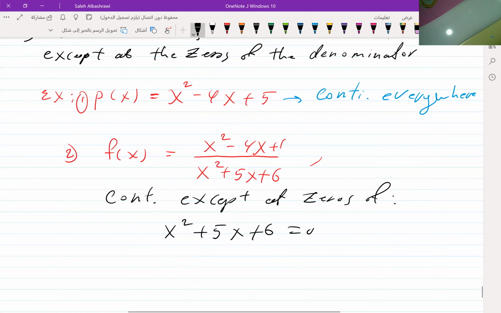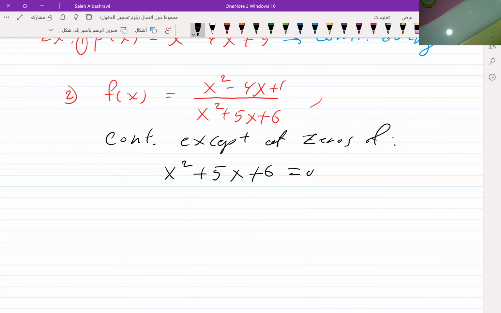Now the zeros of the denominator, which can be found by factoring, it is x plus 2 multiplied by x plus 3 equal to 0. This means x is equal to minus 2, x equal to minus 3.